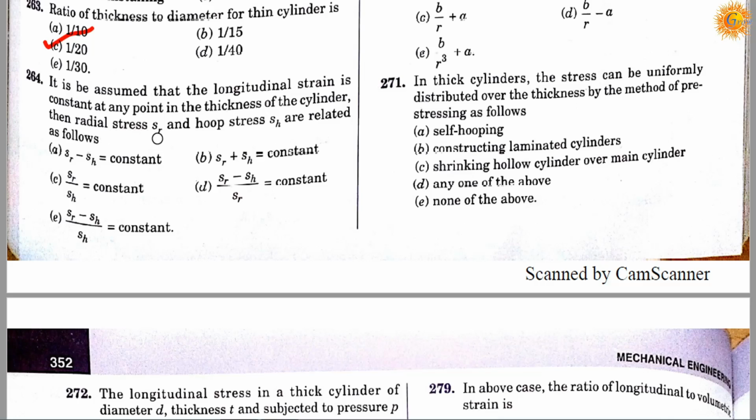Then radial stress SR and hoop stress SH are related as follows: option A, SR minus SH is equal to constant; option B, SR plus SH is equal to constant; option C, SR upon SH is equal to constant; option D, (SR minus SH) divided by SR is equal to constant; option E, (SR minus SH) divided by SH is equal to constant. So correct answer is A, SR minus SH is equal to constant.